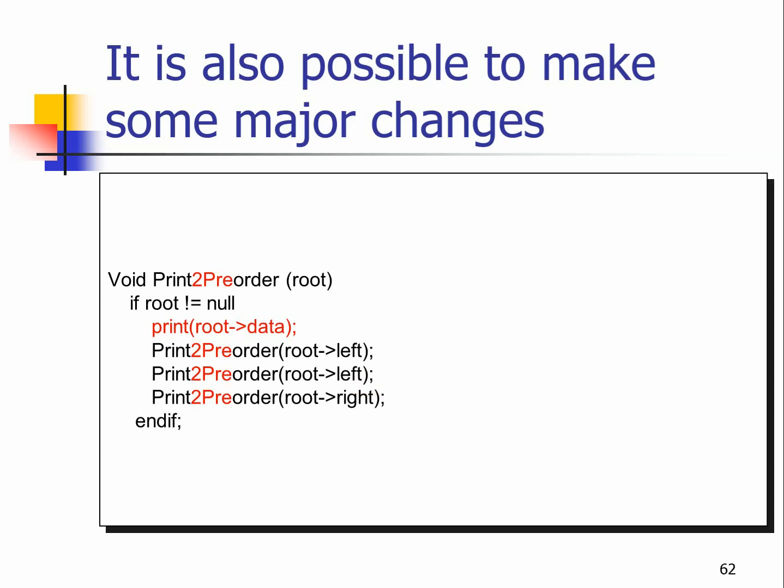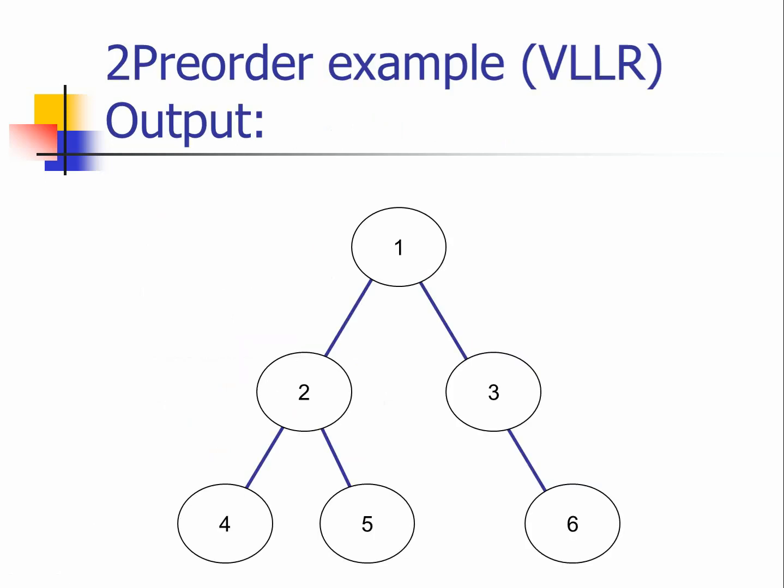So you can see that this code is defined in a very easy, understandable way, and it actually performs very well. Compared with the for loop version of this kind of code, it will be much easier to do so. And therefore, let's take a look at this two pre-order example, saying that if we go to the node, we will print out the value, go to the left side, go to the left side one more time, and then go to the right side.